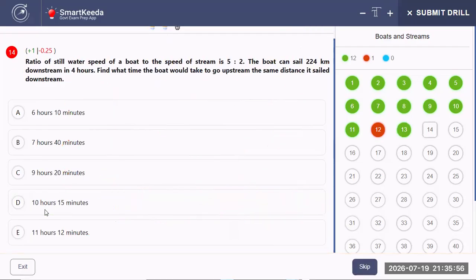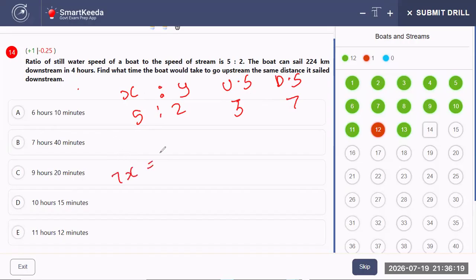Next, the ratio of the still water speed to that of the stream is 5 by 2. So x is equal to 7. The boat can sail 224 downstream in 4 hours. So 7x is equal to 224 divided by 4, so x is equal to 8.